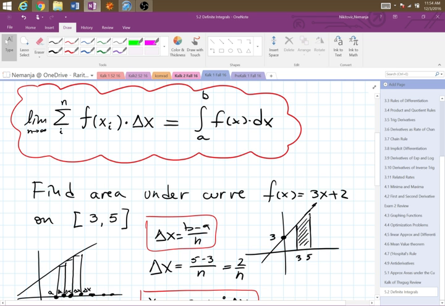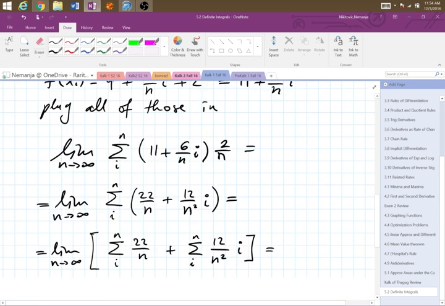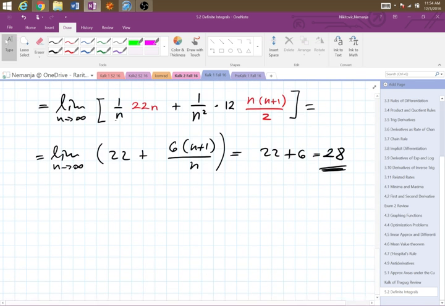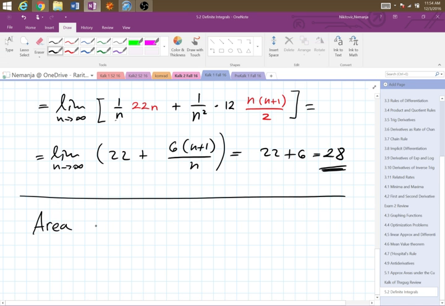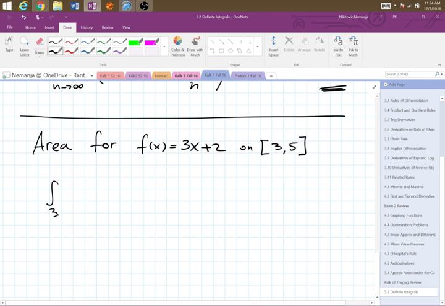So you saw the procedure. All right, now let's see what is the shorthand of doing this. The same problem of figuring out the area for f of x equals, what was it, on 3 to 5? Yeah. Is this: you find the integral from 3 to 5 of 3x plus 2 dx.